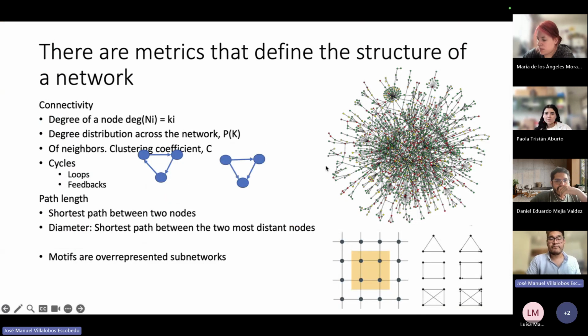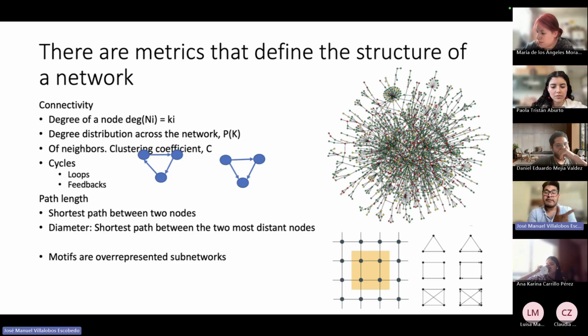Yes. Perfect. So, okay, we know what the degree is. That is the number of connections that a node has. We can know the clustering coefficient by calculating how many neighbors they have. This is per number of nodes.